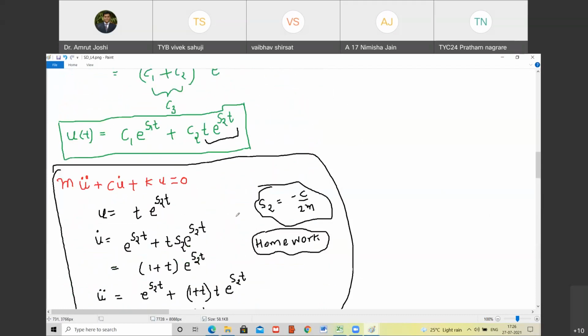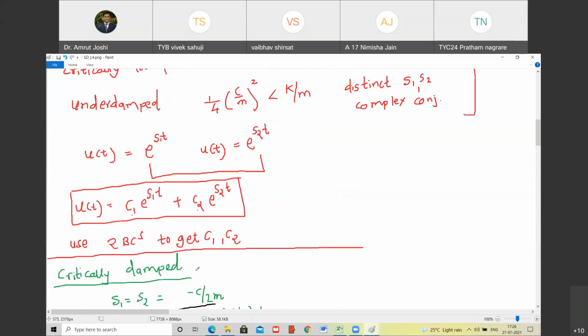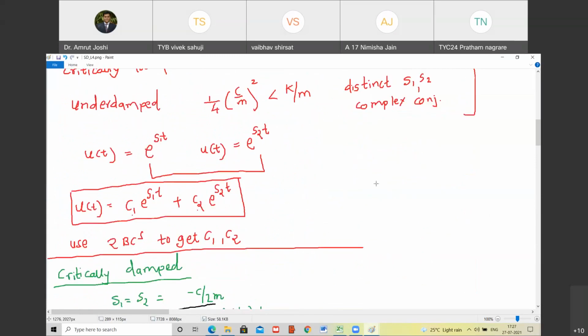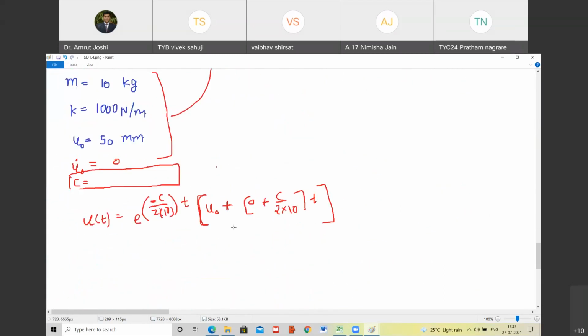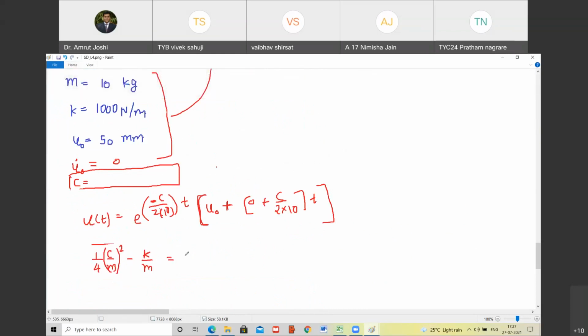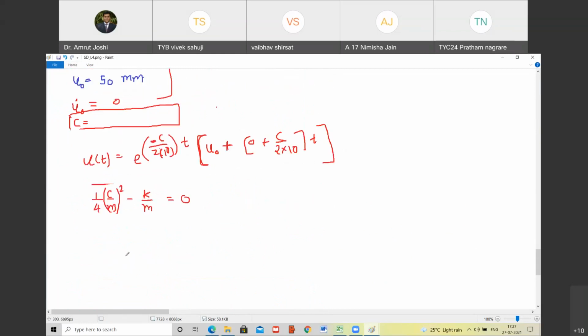Look, when it is a critically damped system, what is the condition that must get satisfied? This bracket must be equal to 0. Do you agree with me? For a critically damped system, we must have this equal to 0. Then only S1 is equal to S2. So what is the value of C?